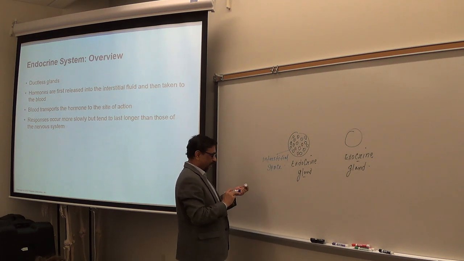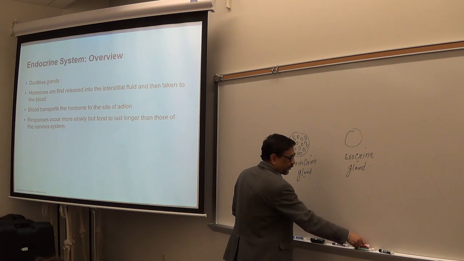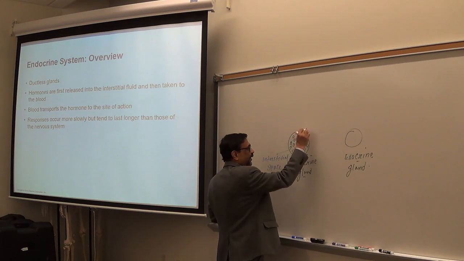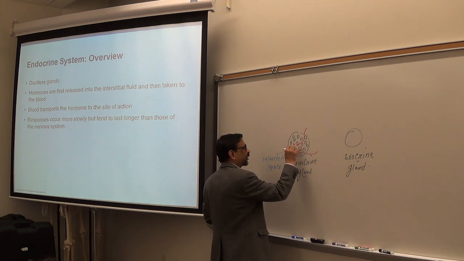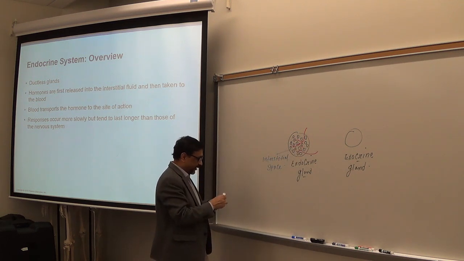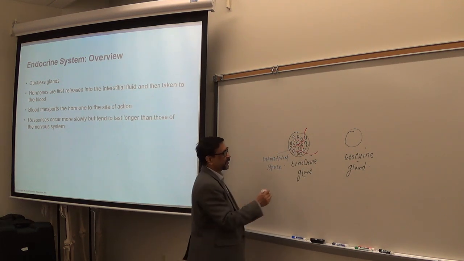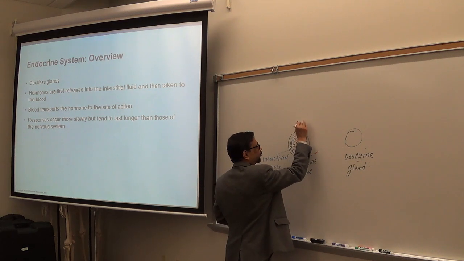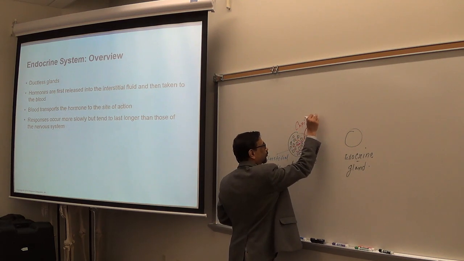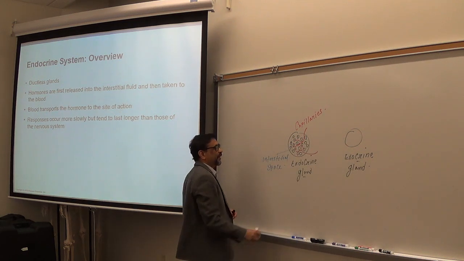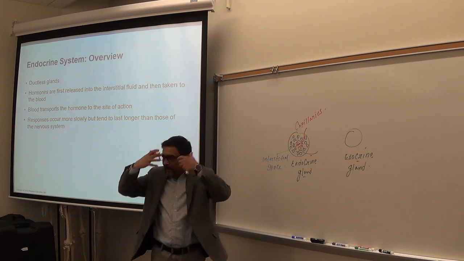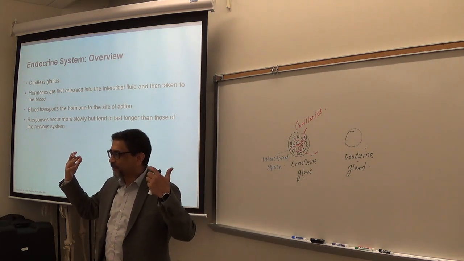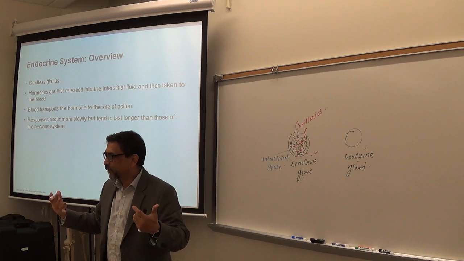Then from there, hormones enter into the capillaries. You know, blood capillaries are everywhere in the body, right? So the hormones, these molecules, enter into the capillaries. And once the hormones enter into the blood, it goes everywhere. Make sense? Because blood circulates everywhere in your body, right?